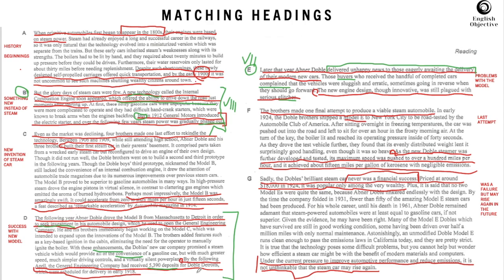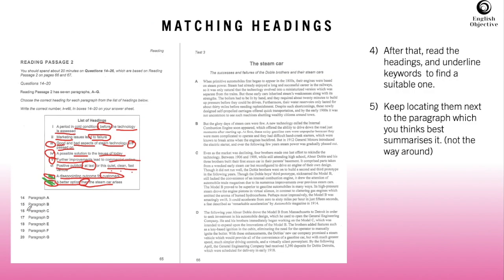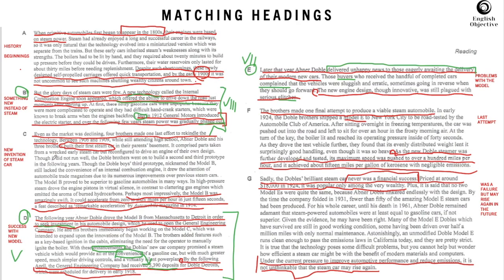Okay, so definitely these enhancements and convenience make me think about the improvements, and those improvements led to these deposits. So I'm going to say for the moment that paragraph D is 5. Further improvements lead to commercial orders, and those are the deposits.